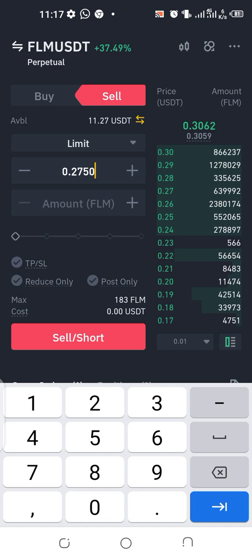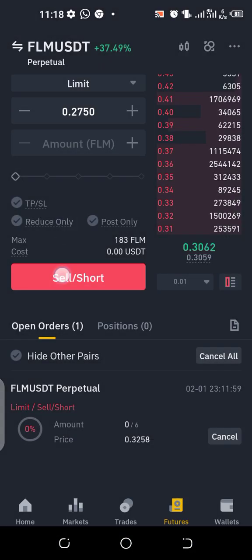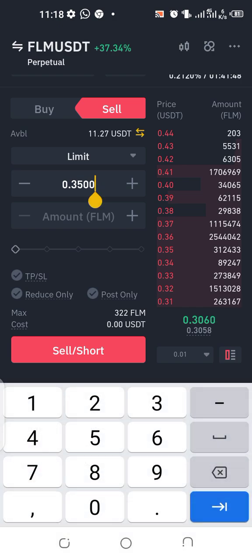All right, or I want to place a sell order and I'm willing to wait for some hours for that order to be filled. I want to get the best if possible. So 0.36 is the resistance. I'll place at 0.35 and subtract half the denomination. The denomination is 0.01. I'm going to subtract 0.005.